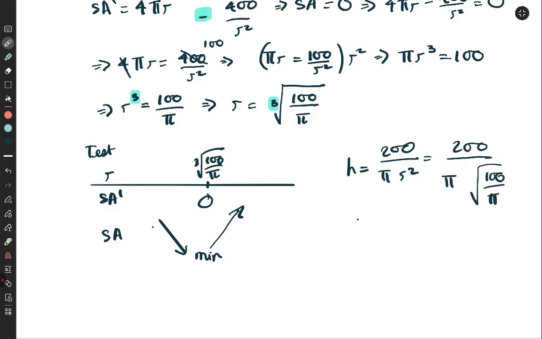It's ugly, but it's still an answer. Don't simplify that. So this will be the height and the radius so that you have the minimum surface area. And because you have minimum surface area, you're going to minimize the cost. Any questions?